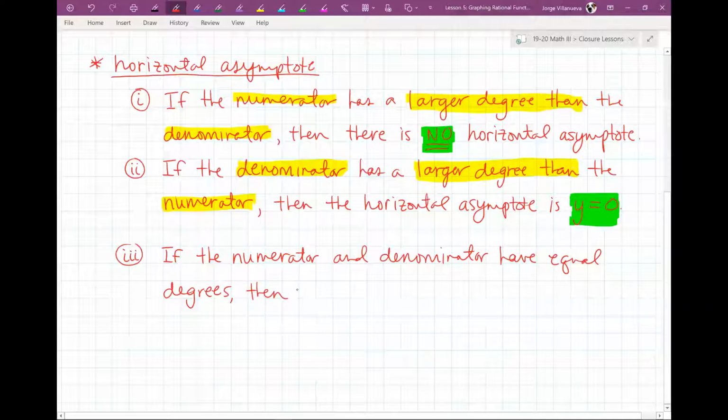then, now let me give you a quick example of what this might look like. Let's say we have ax to the 5th plus bx to the 3rd plus cx plus d. And then on the bottom, we'll put ex to the 5th plus fx to the 2nd plus gx.